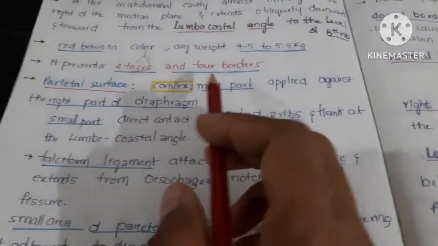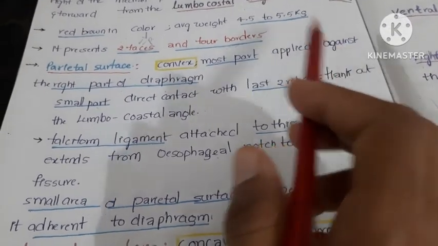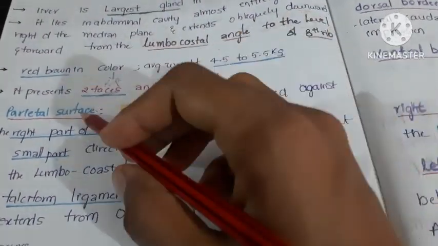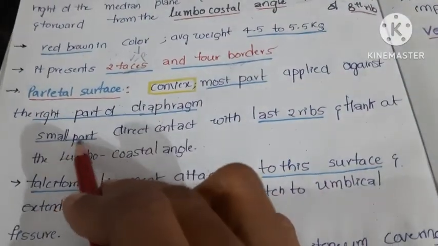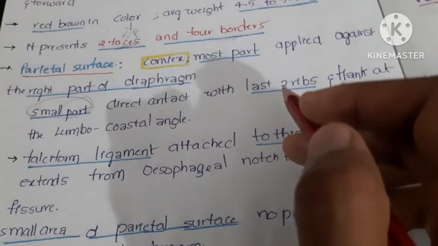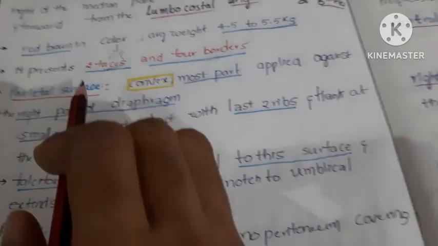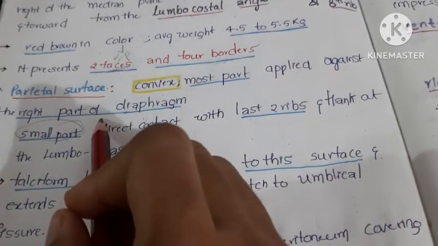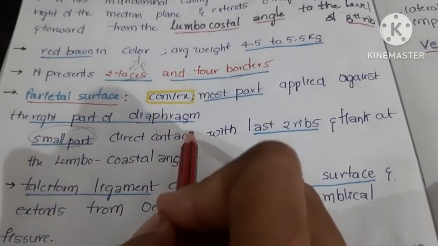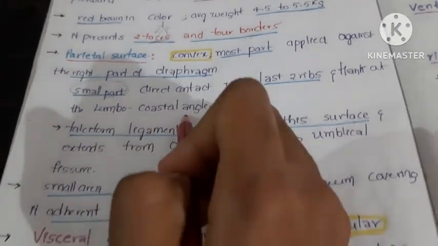The parietal face is convex, and most of it is applied against the right part of the diaphragm. Only a small part is in direct contact with the last two ribs and the flank at the lumbocostal angle.